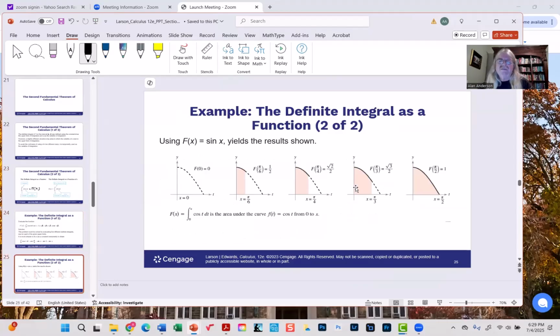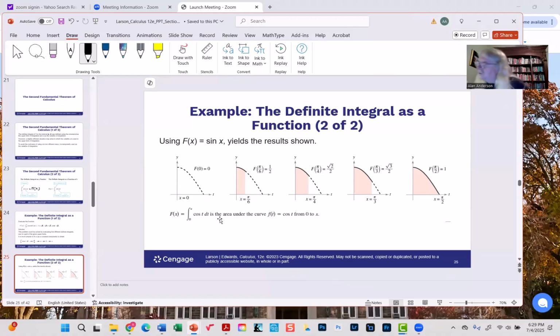Now, the reason for doing this, and they're showing it in this graph, is that if I wanted to calculate the area under this curve, f of x equals sine of x, between 0 and some random constant, in this case pi over 2, we can do this in stages, but we can do it all at once by integrating directly from 0 to x.